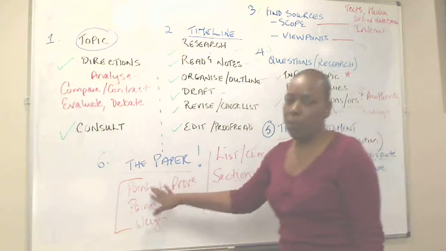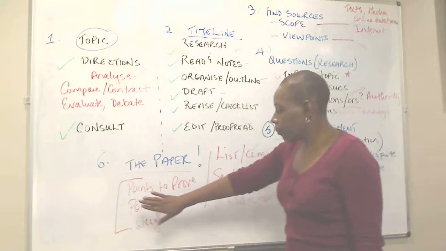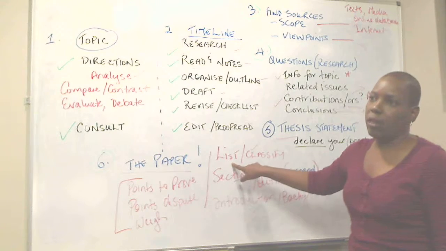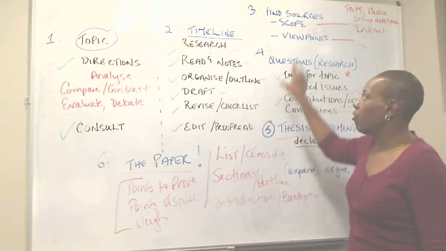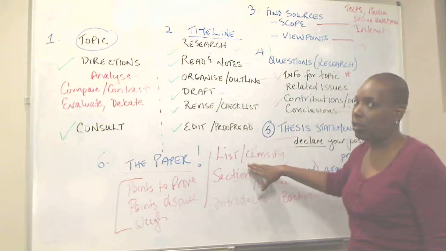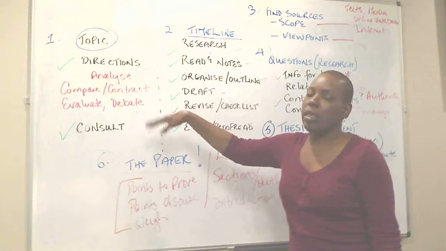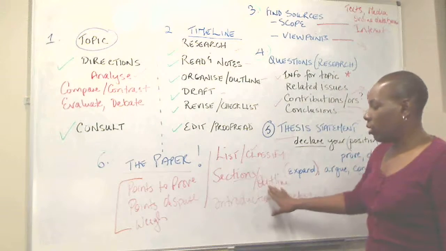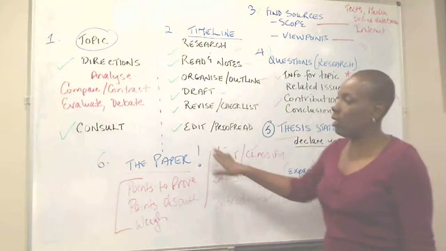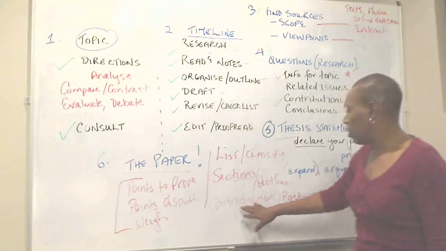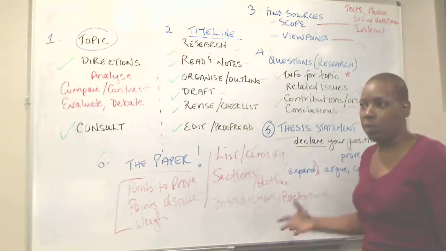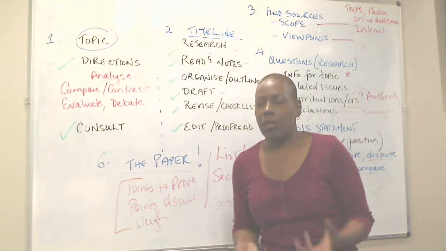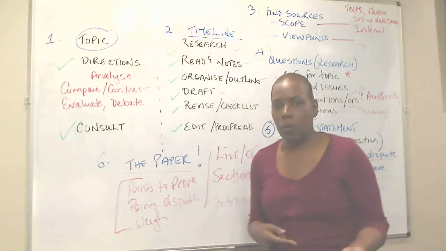So you get to the paper and you list and classify. List means that you would have put on paper all the issues that must be considered when examining the effects of legislating marijuana. Sections and the outline of the paper would be in line with the academic conventions. Your introduction and background would be, okay, I am doing the impact of legislating marijuana.